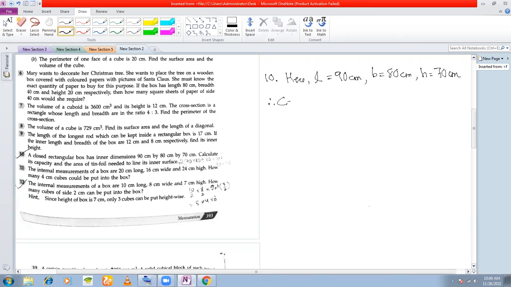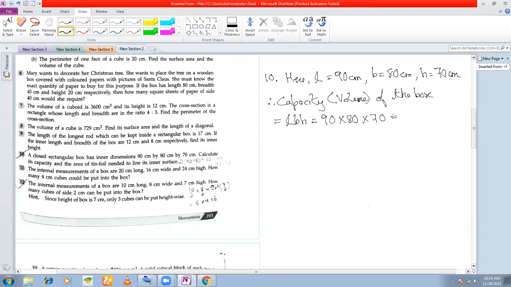Therefore, capacity or volume of the box is equal to L B H. So 90 into 80 into 70.